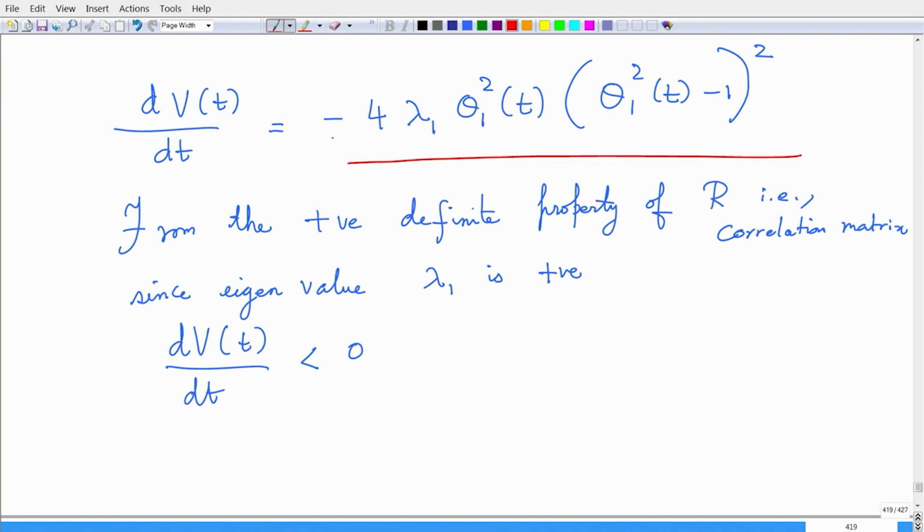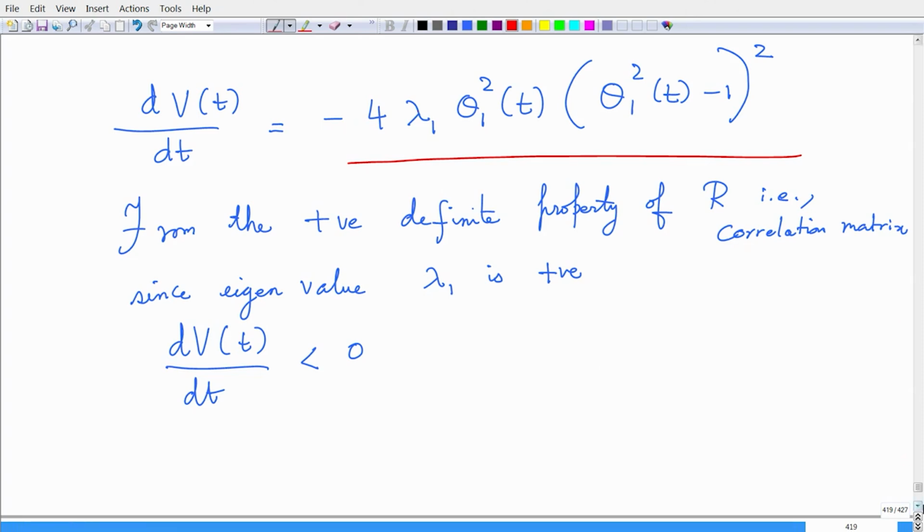You have a minus sign sticking out, and all these are square quantities. Theta 1 square is positive, theta 1 square minus 1 the whole square is also positive. The only thing to check is lambda 1, but because of the positive definite property lambda 1 is greater than 0. So all the quantities here have positive sign except this negative sign sticking out. Therefore, dV by dt is less than 0.